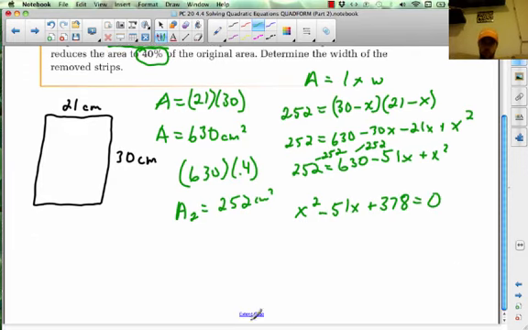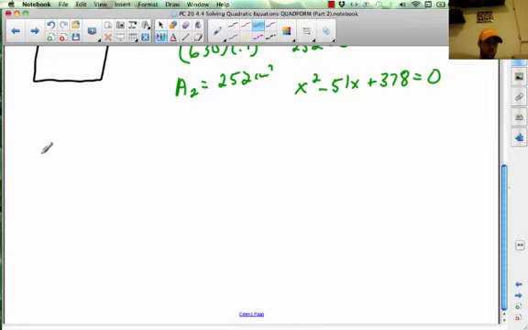Now we've got a quadratic that we can solve easily with the quadratic formula. A equals 1, B equals negative 51, and C equals 378.